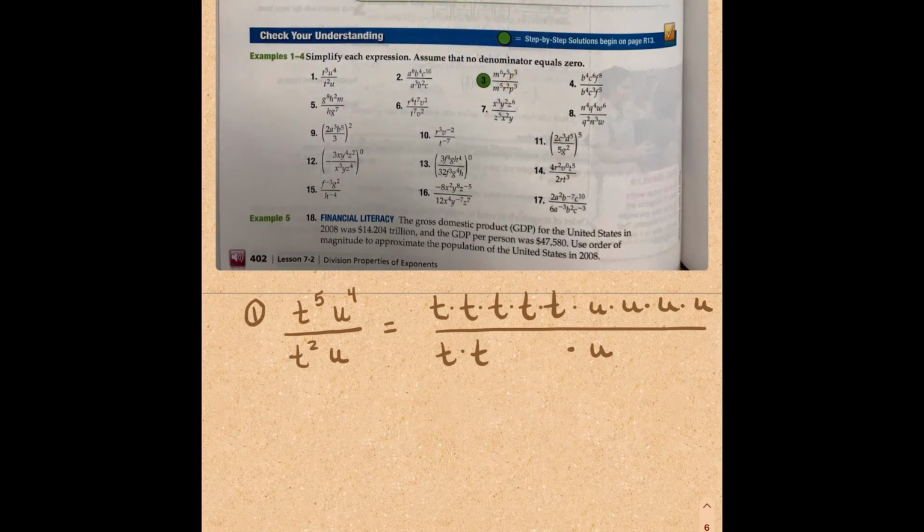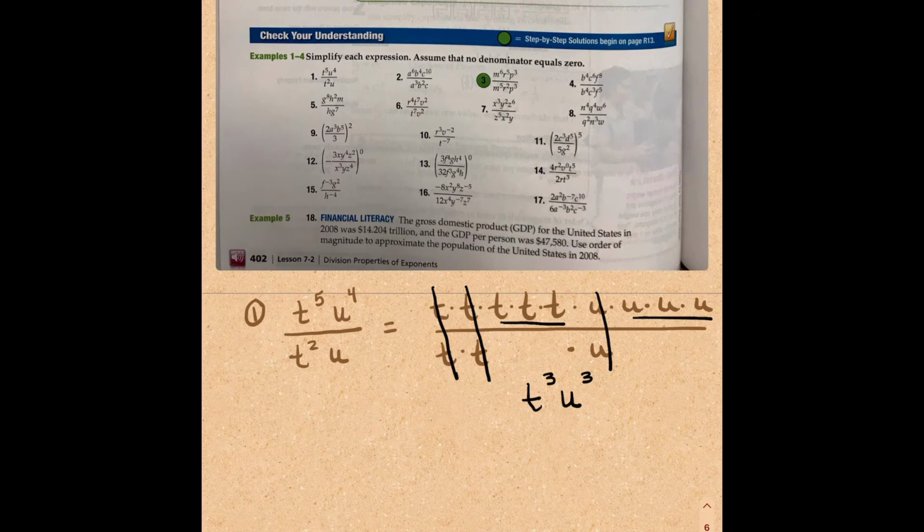So these guys would cancel, and these guys would cancel, and these guys would cancel. And I would end up with 3 T's and 3 U's left. So it would be T to the 3rd and U to the 3rd. Nothing is left on the bottom other than a 1, so we don't have to write that.